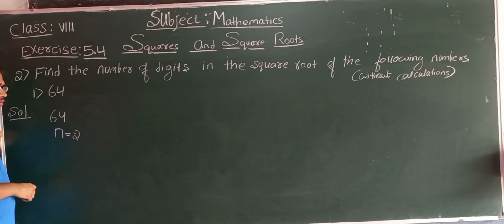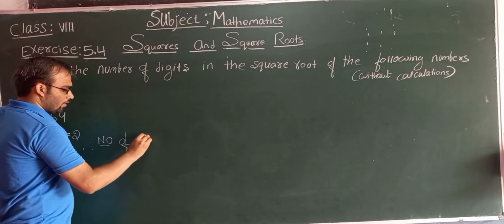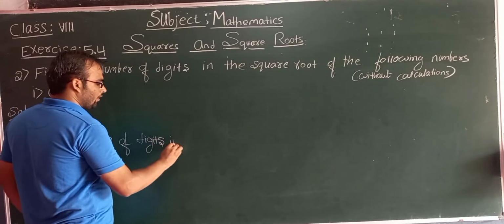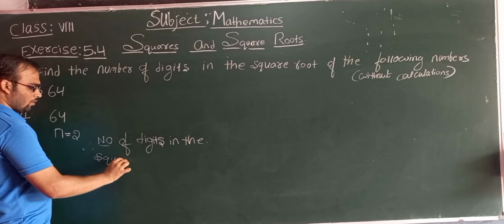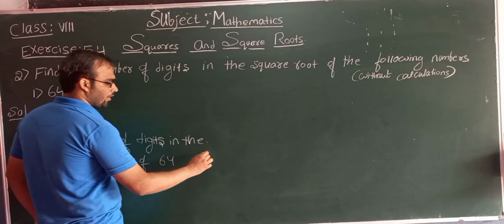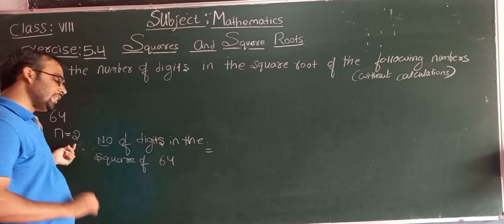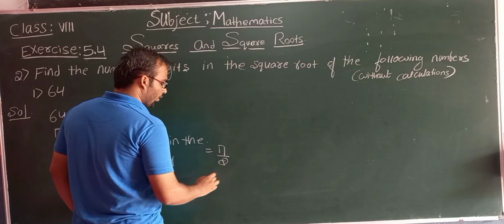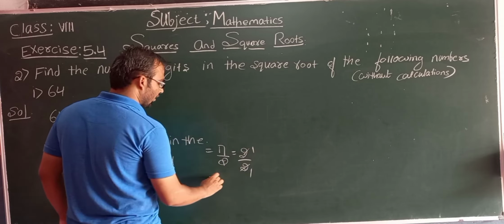Now therefore, the number of digits in the square root of 64 is what? As here n is even, n by 2, that is 2 by 2, that is 1.